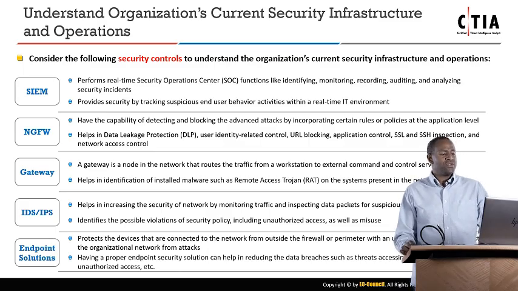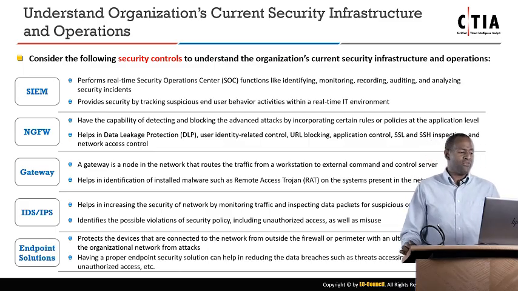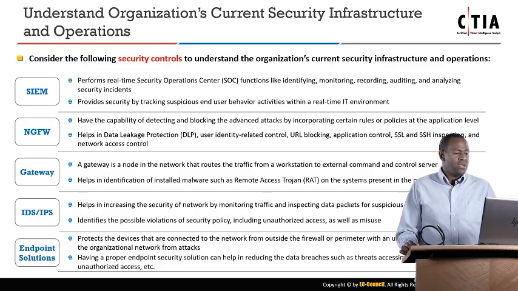All right, that moves us into understanding the organization's current security infrastructure and operations. So there are some security controls that we need to look at to understand where our organization currently sits in terms of security posture. And the first one is SIEM.